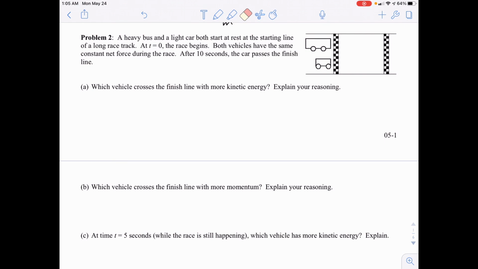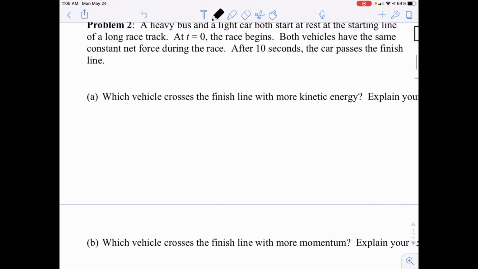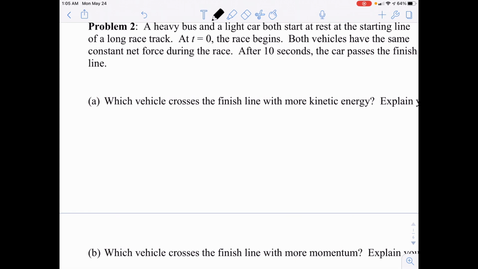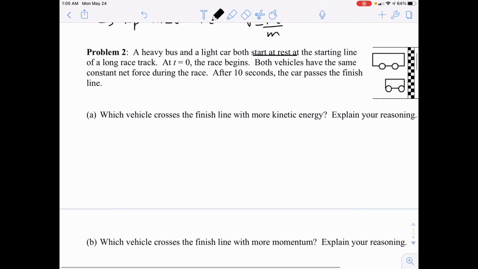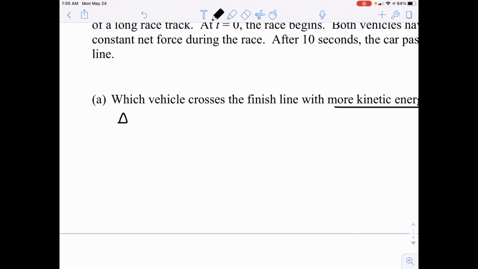Explain your reasoning. Well, they both start from rest. So essentially, we're looking at the change in kinetic energy. So let's examine. The change in kinetic energy, according to the work energy theorem, is equal to the work that's done, which is, again, equal to the net force times the distance.